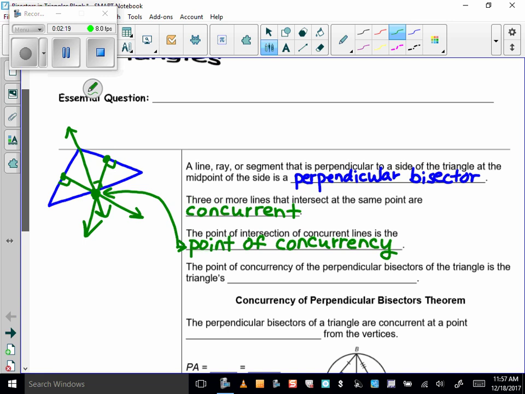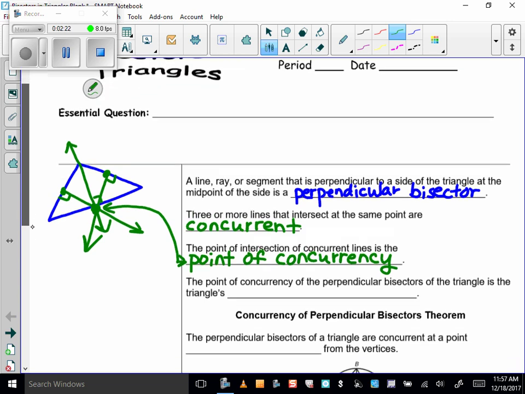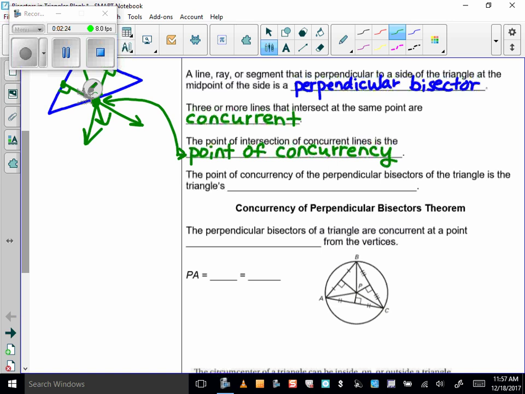And that has a special name. The point of concurrency of the perpendicular bisectors of the triangle is called the circumcenter. So that right there is our circumcenter.